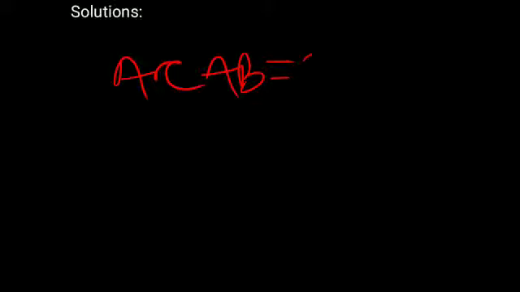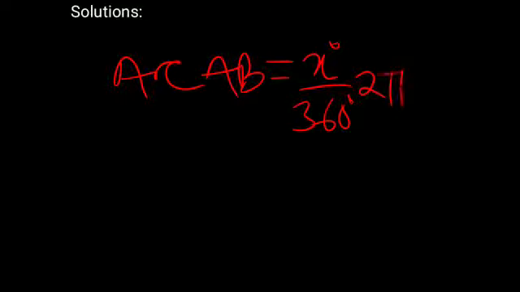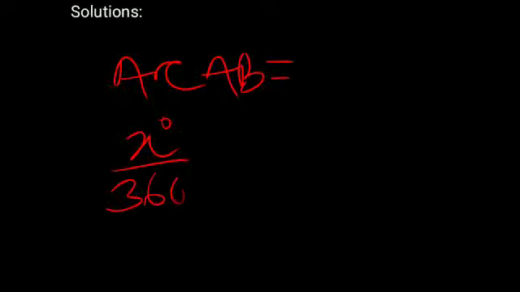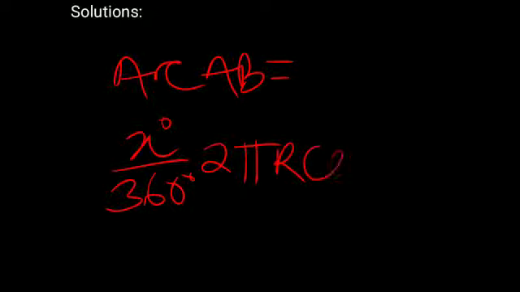Now, let's go and start solving the distance. We are going to say arc AB is equal to x degrees over 360 degrees times 2 times pi times R cos x degrees.